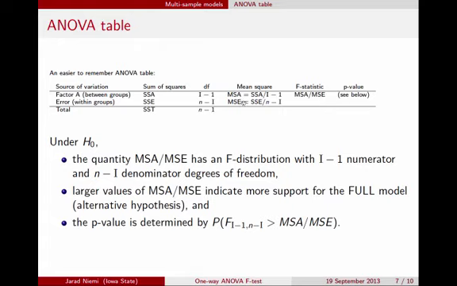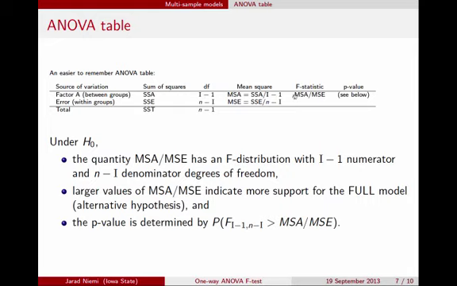Mean squared error is just sums of squares error divided by its degrees of freedom. And the mean square associated with factor A is just the sum of squares associated with factor A divided by its degrees of freedom. So each mean square line is just this column divided by this column.